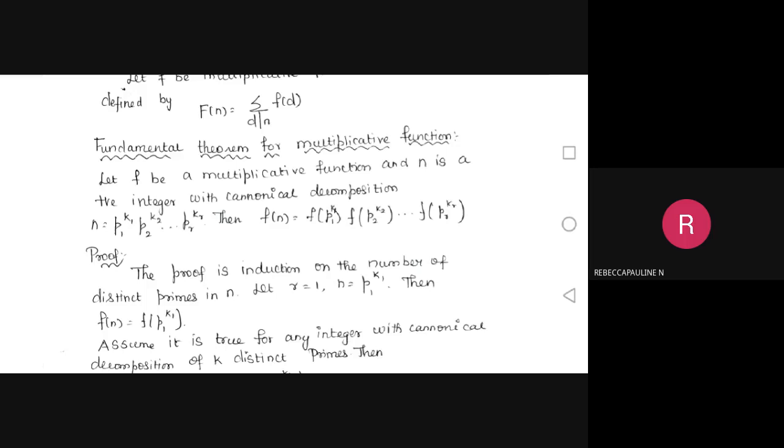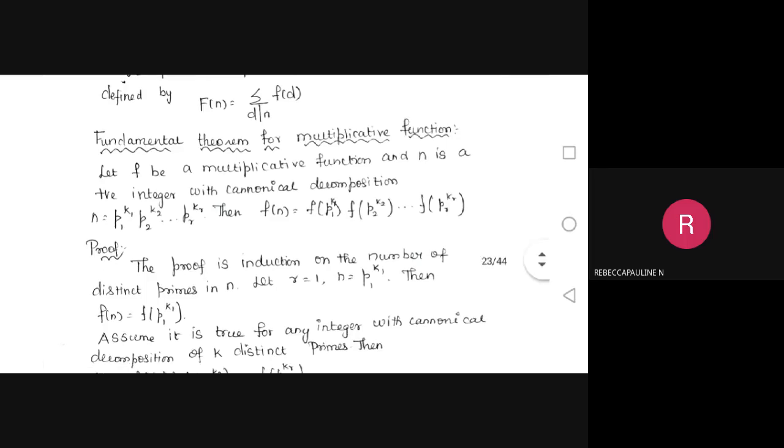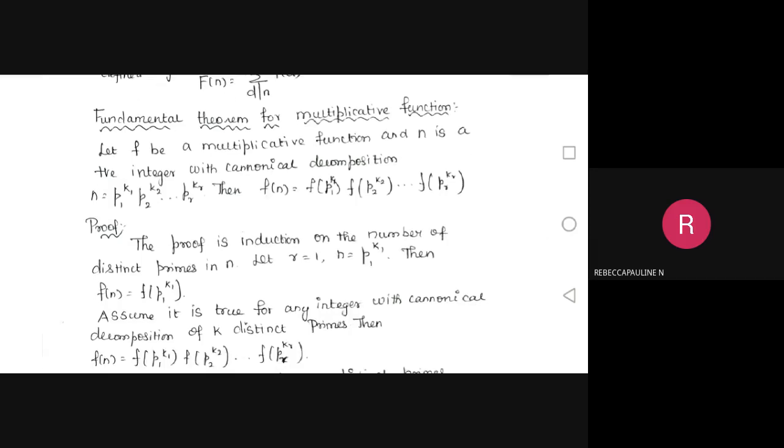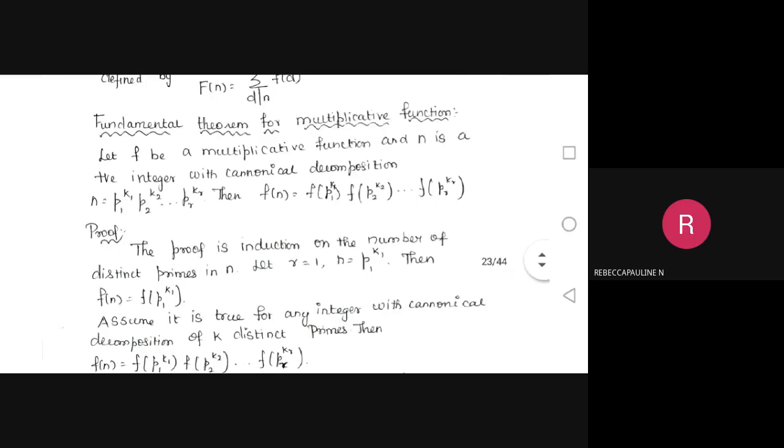Then f of n is equal to f of p1 power k1 into f of p2 power k2, etc., f of pr power kr, since f is multiplicative. We discussed the proof of the fundamental theorem, which was done by the method of induction.